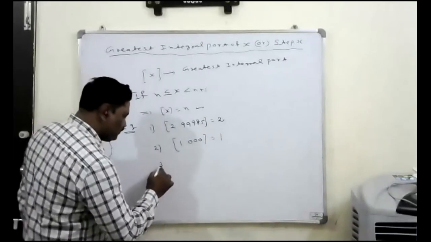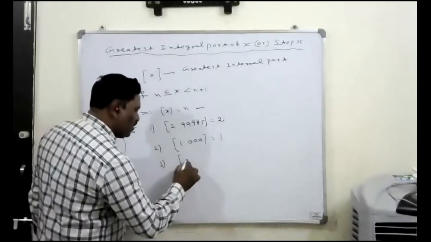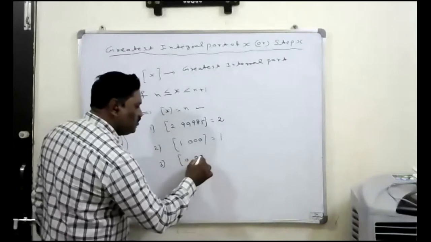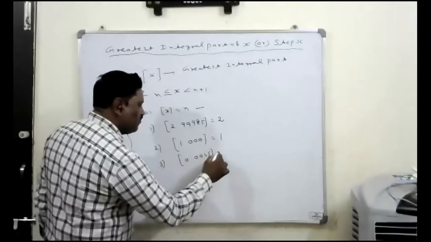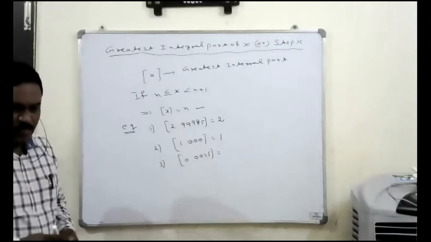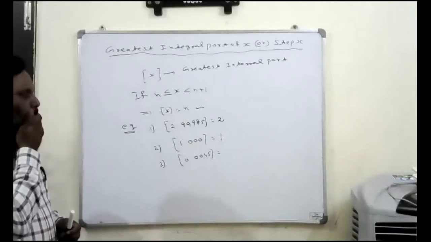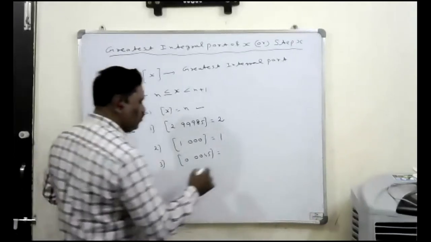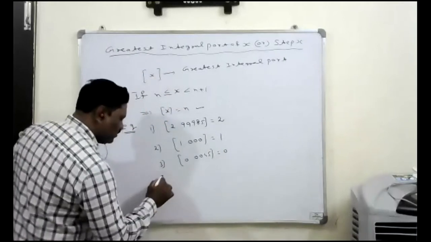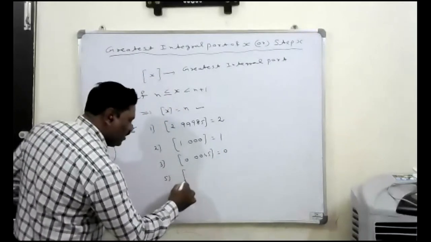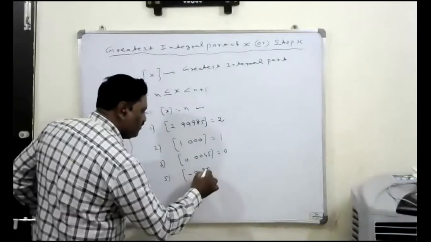Then third one, integral part of 0.0045. What is it going to give? 0. Next, integral part of minus 0.9945.